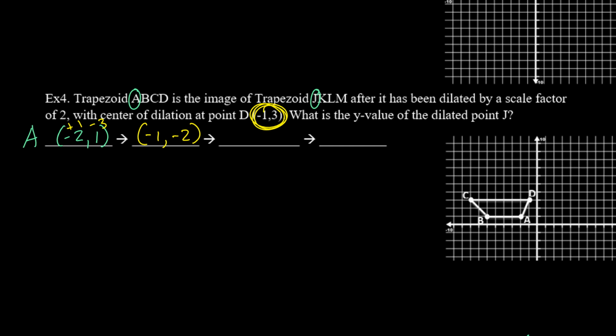Now that I've moved the point, or seen where the point is based on the new origin, what do I now do? Hold on. What do I now do? Logan. Yeah. We're trying to go backwards, so instead of multiplying by 2, we either divide by 2 or multiply by 1/2.